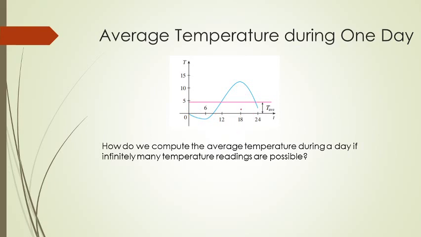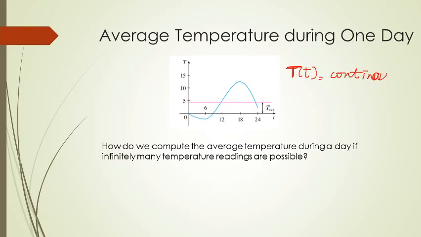How can you get the average temperature during one day? Okay, that is the case when we have infinite numbers. That is the simple way to understand infinite numbers. Or you can just call it the temperature as a function of time. From the curve during one day, you will check that it's a continuous function, right?